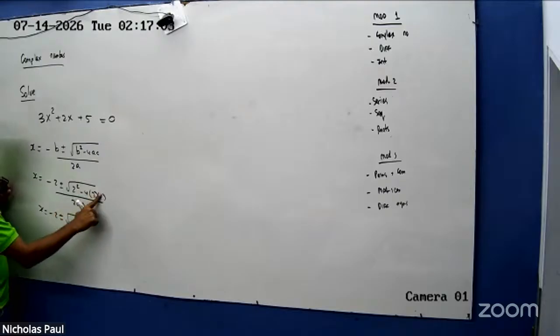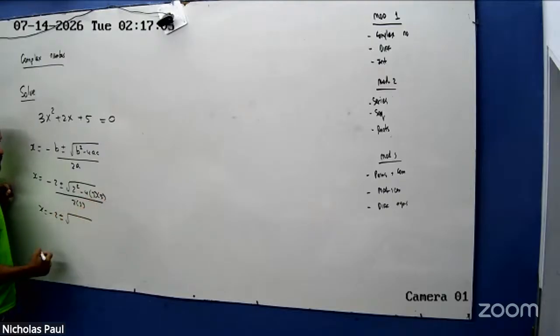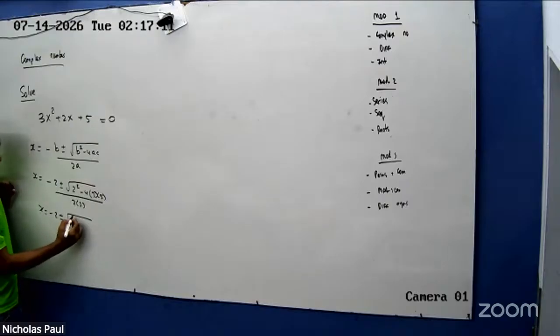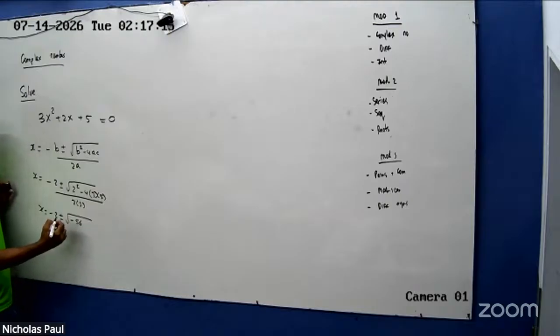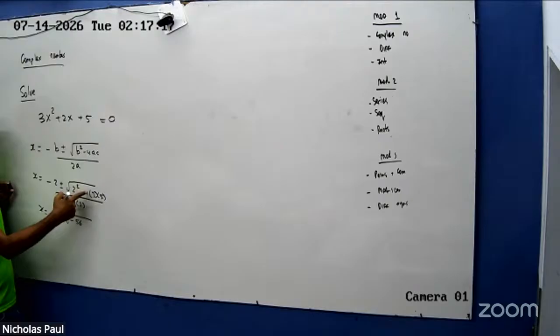Inside here, you'll recognize the problem. How much do you have here? Minus what? Minus 56. Inside here, b squared minus 4ac.